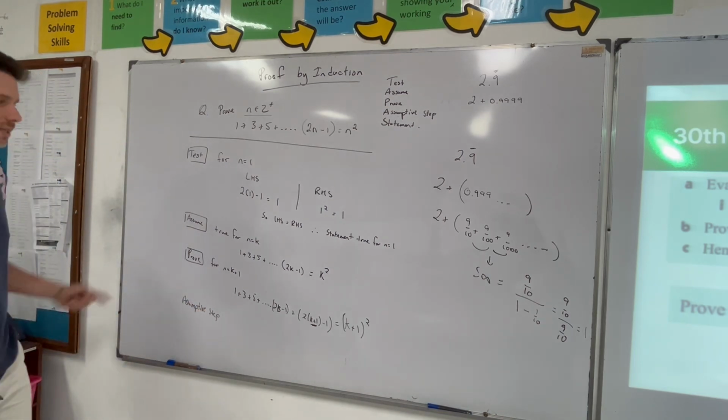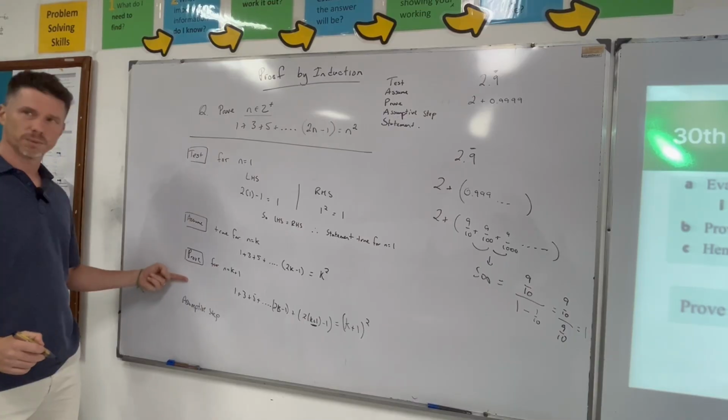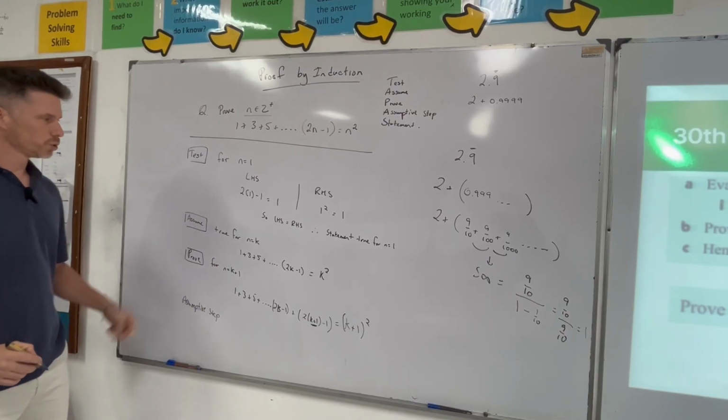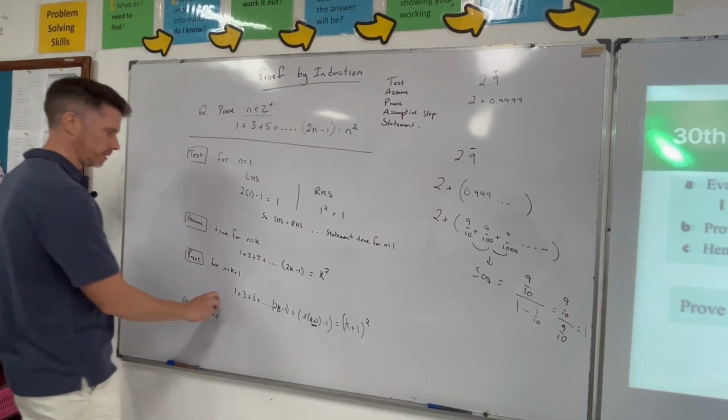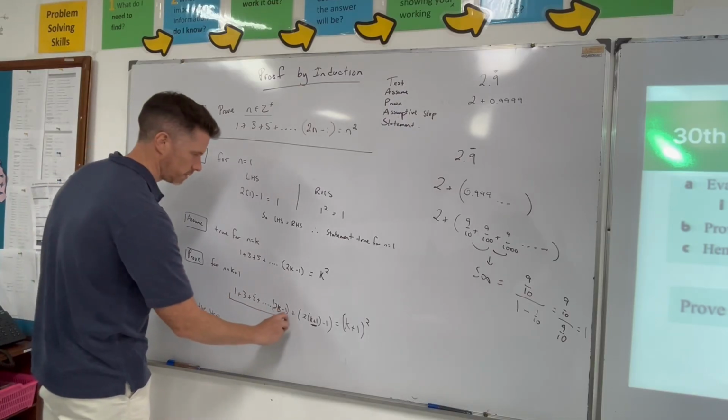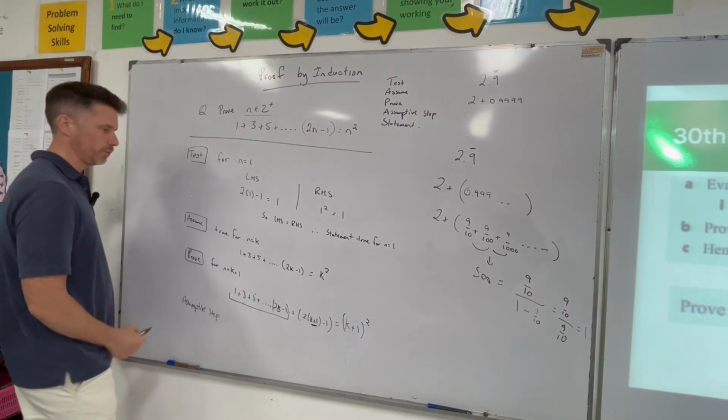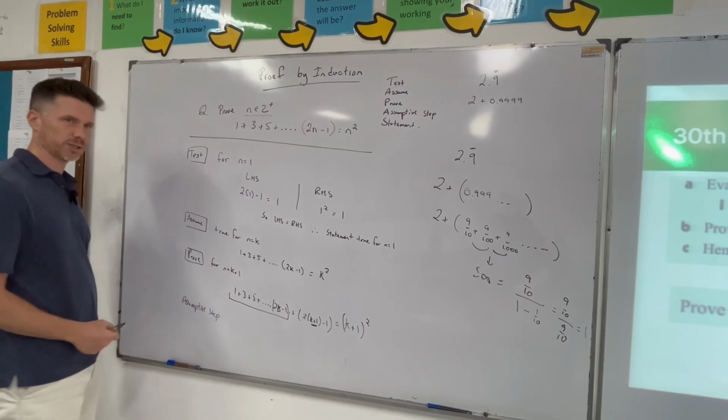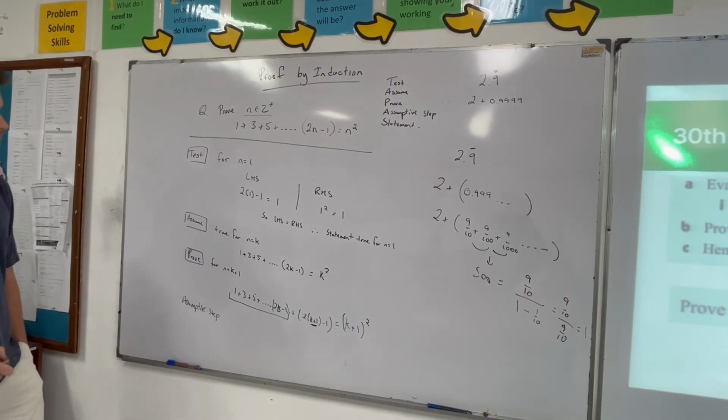Which is using this statement in this statement. So we can see from here, this bit is equal to what from the assumed true bit? K squared, yes.